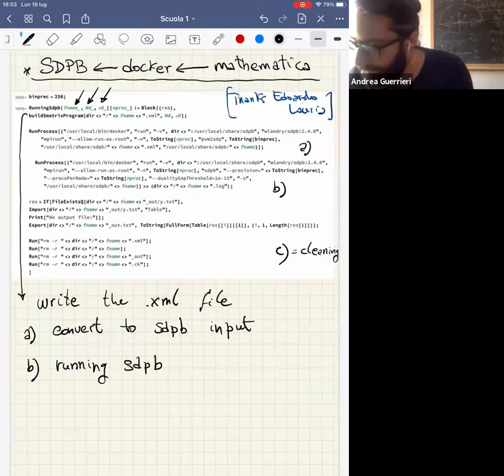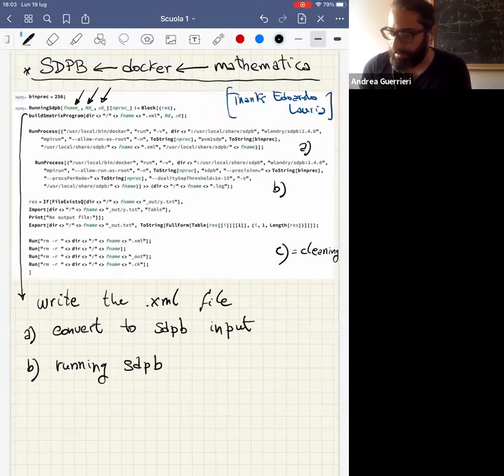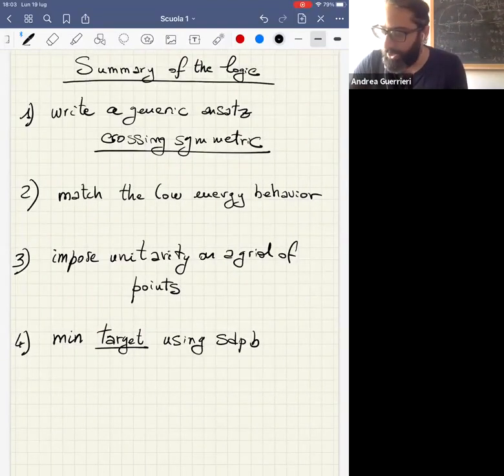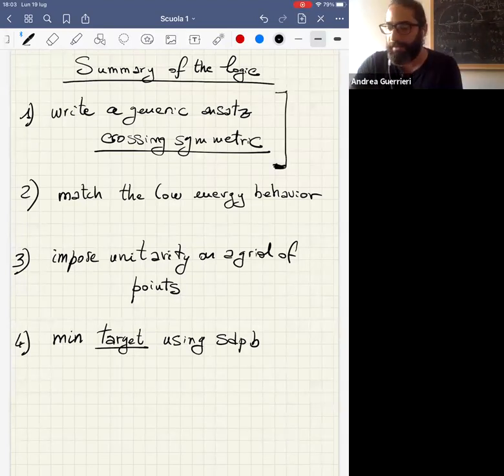Okay, so this is a part that I did for you. That is basically Docker, Mathematica, all together. So let me summarize the logic. In general, we write a generic ansatz which is manifestly crossing symmetric, and in this case also real analytic in the upper half plane, because we are in 2 dimensions.